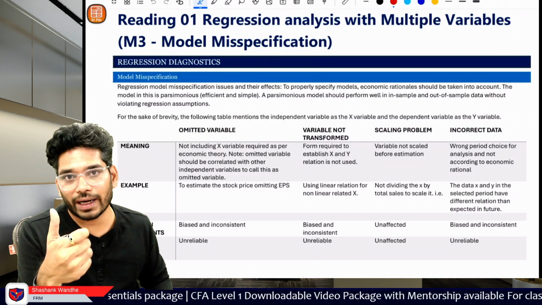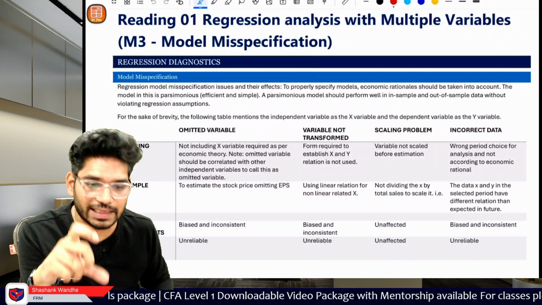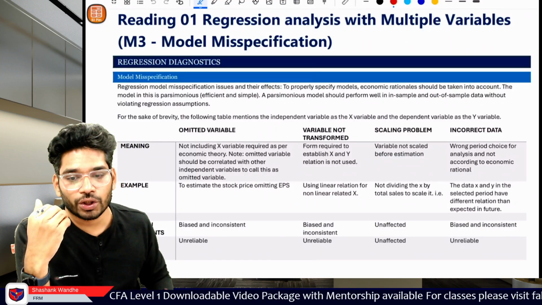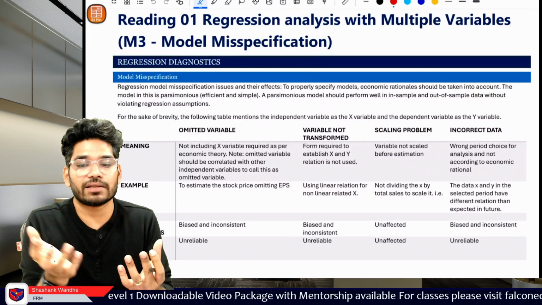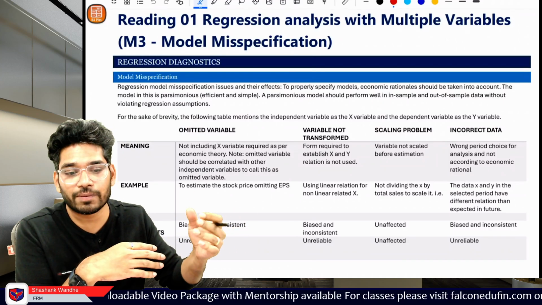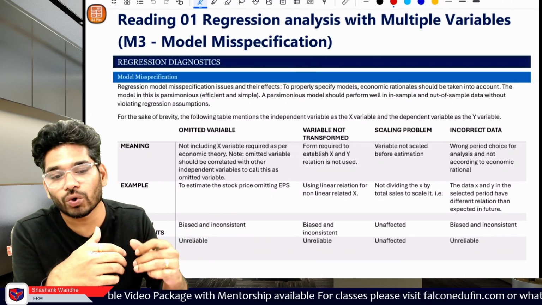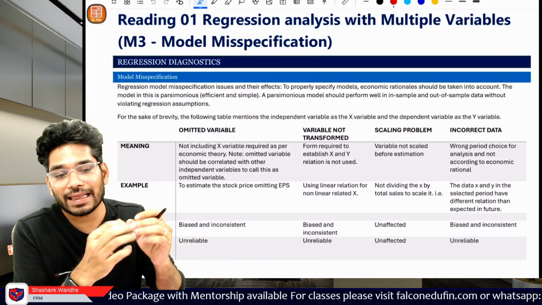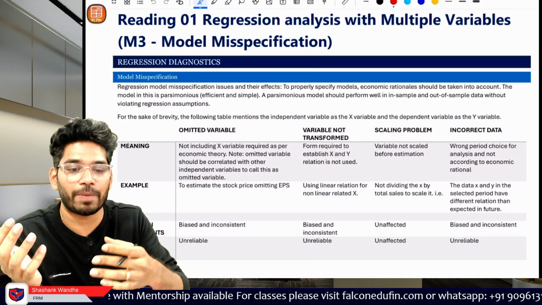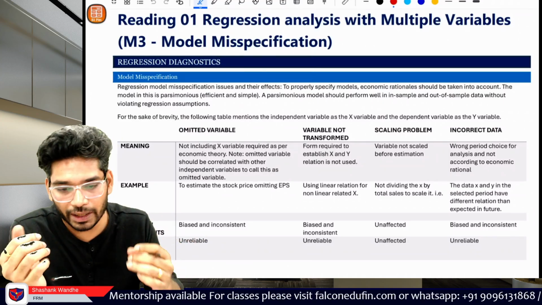And when you get tested on this type of area, the chances are you will be tested on the comparison between, say, the omitted variable versus the variables not transformed or scaling problem, and what the effects of those issues are. That's why discussing it side by side gives you more clarity in comparison, and you will be able to remember it properly.